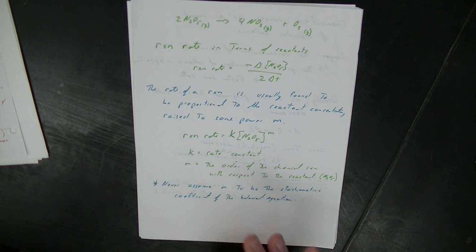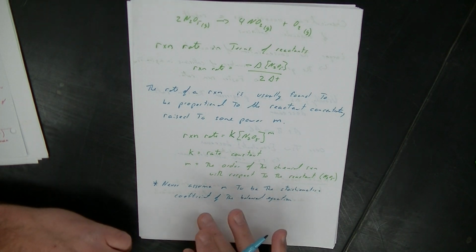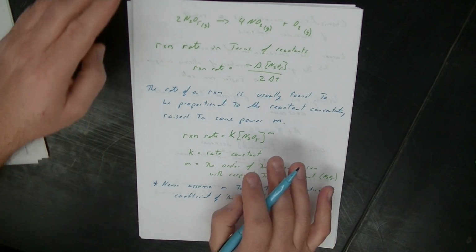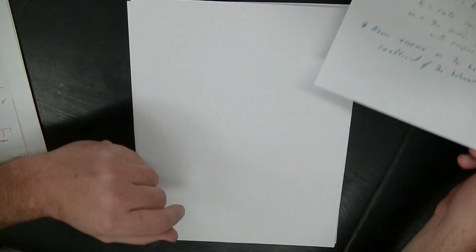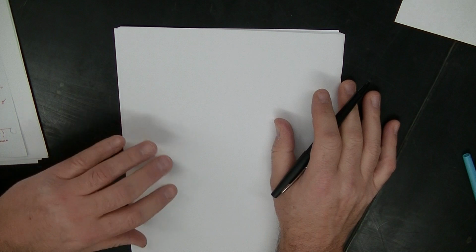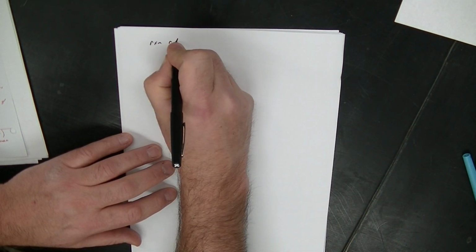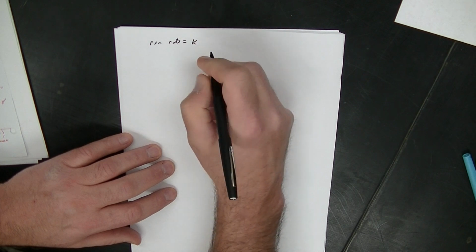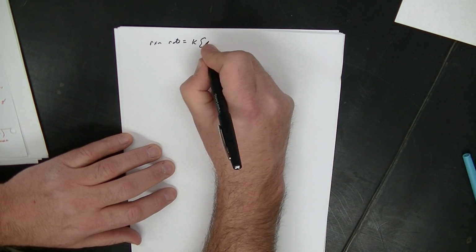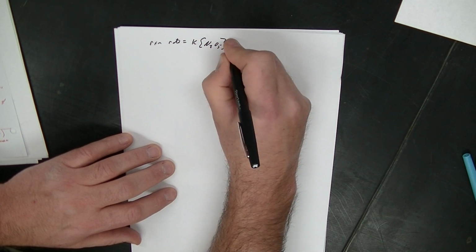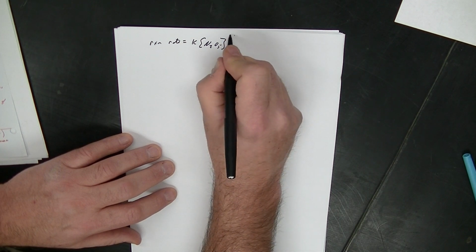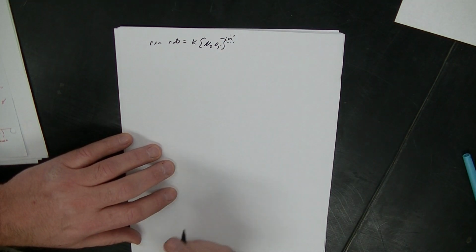So let's talk about a little bit about what m means for these different orders. So how do we find this M? Okay, so let's write this again. Reaction rate is equal to our constant times the concentration of N2O5 to the M. Okay, so we're going to focus on this M right now.